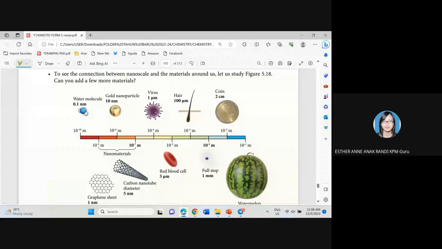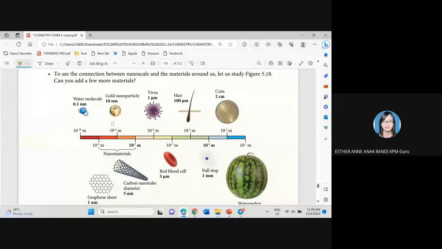I think it's 10 cm. And then how you draw your full stop? Kecil kan? Coba you ambil pen, you draw full stop. Kecil kan? And then your hair, one hair. And then the size of our red blood cell, the size of a virus. So nano is somewhere here.